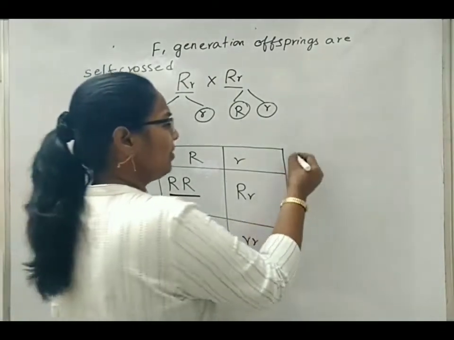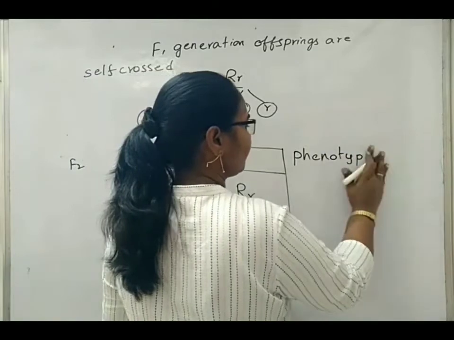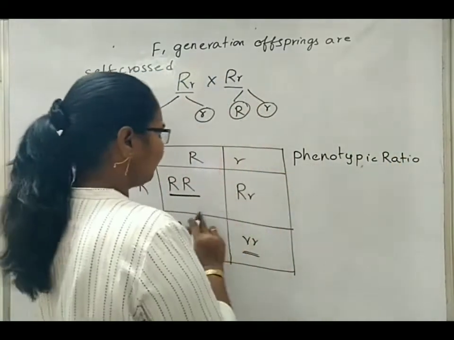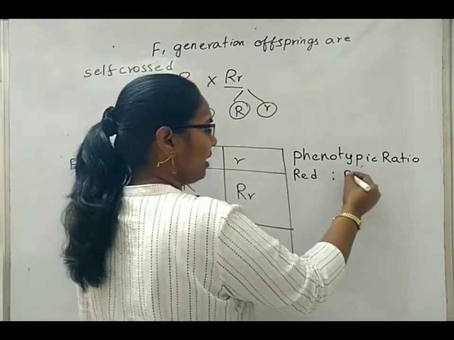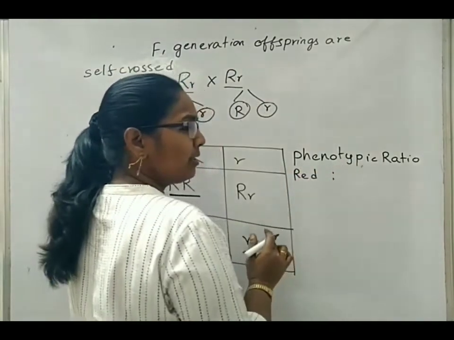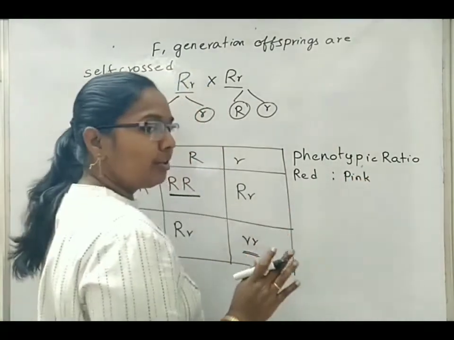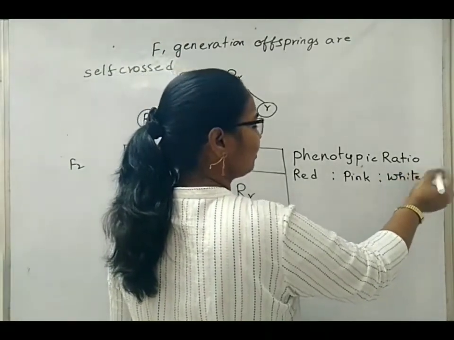Here we will write the phenotypic ratio. Now we have to represent the red color flower, which is dominant, and in the F1 generation we obtained the third type of color, the pink color flower, which is neither dominant nor recessive, to the white color flower.